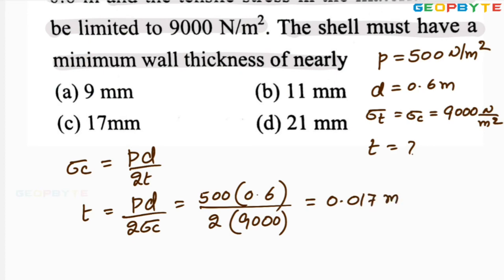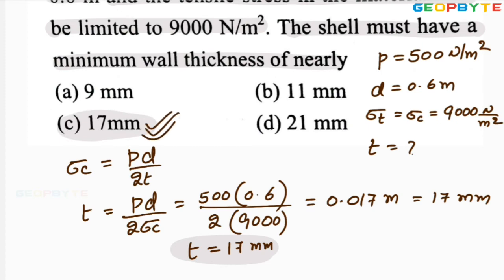So it is equal to 17 millimeter. Therefore, thickness of the shell required is 17 millimeters. That is the answer. I hope you clearly understood. Look at the options. Look at the option C, 17 mm. Therefore, option C is absolutely correct. I hope you got the point.